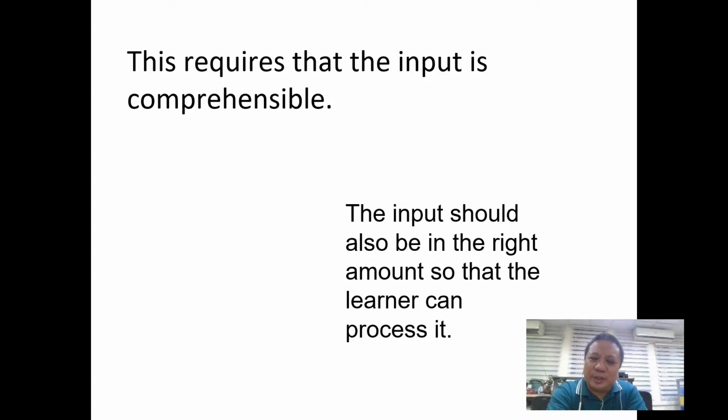So when the German child spoke to me, he said, Ich bin Karl, and that was in the right amount. If the child spoke to me in long utterances of German, I probably would not be able to process it. But because it was just a small chunk, I was able to process it. And I understood that to introduce yourself in German, you say Ich bin and then your name.